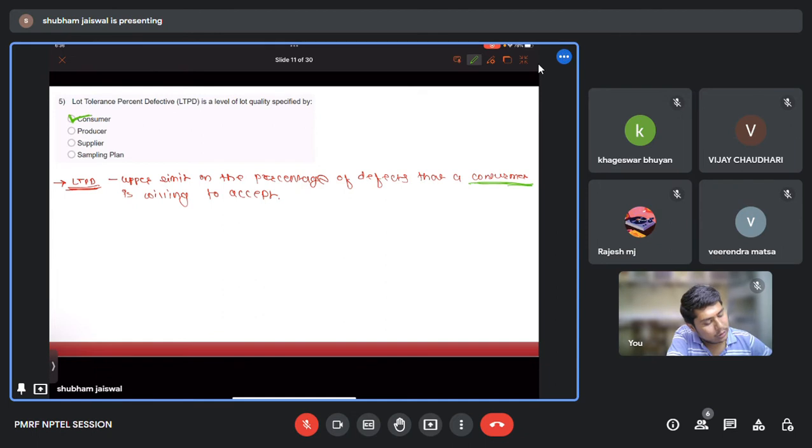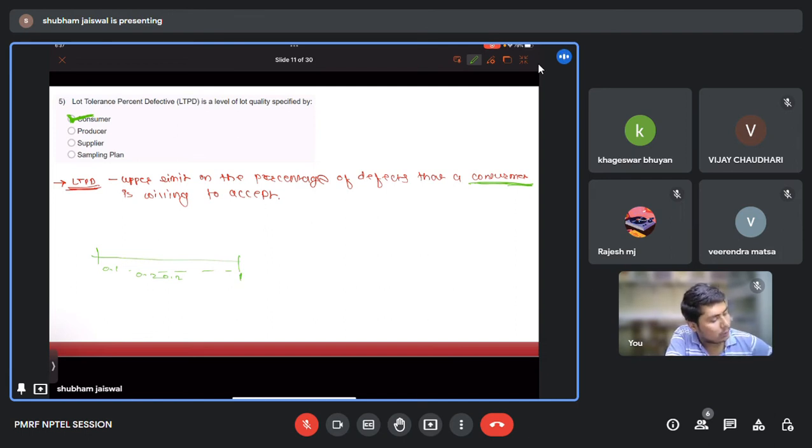Here the consumer is defining that limit. Up to that limit, that will be the consumer risk, and after that limit, it will be the producer's risk, supplier's risk, or consumer risk? Suppose I have this much defective, like 0.1, 0.2, up to 1.